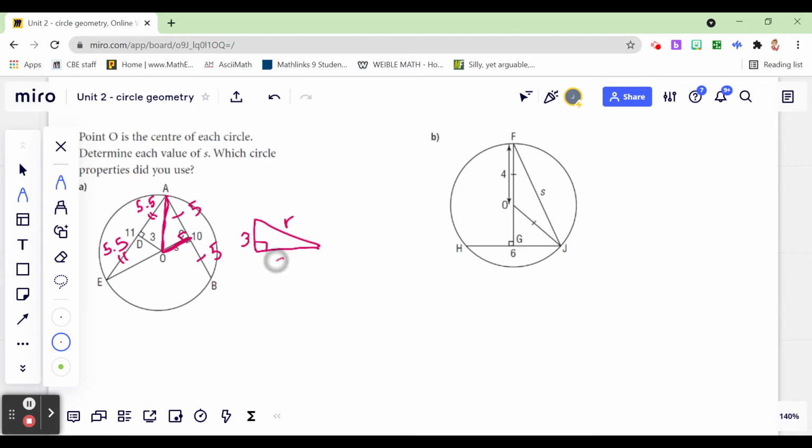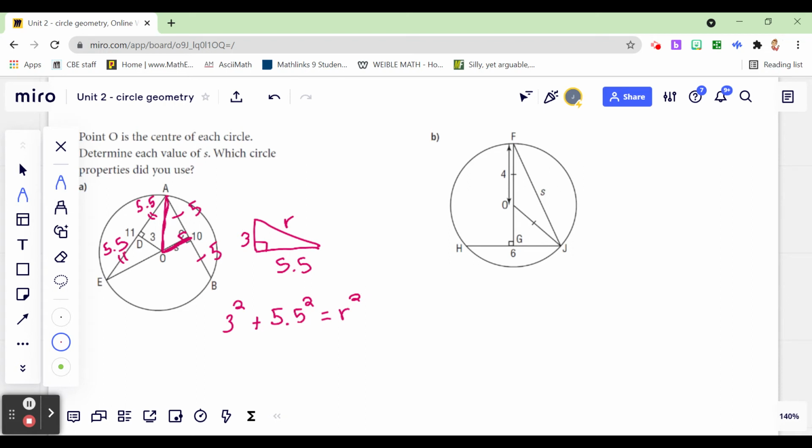And this bottom part here is 5.5. This is an ongoing issue I'm seeing with lots of students: not plugging into the Pythagorean theorem correctly. It's your two sides squared, so 3 squared, and 5.5 squared is equal to r squared. You have to be clear on what your hypotenuse is.